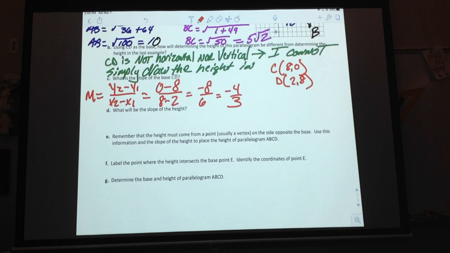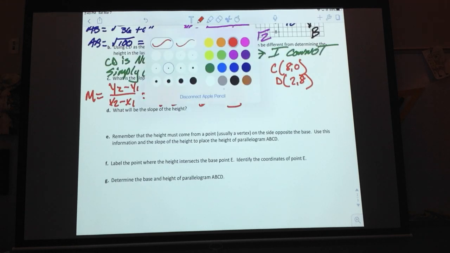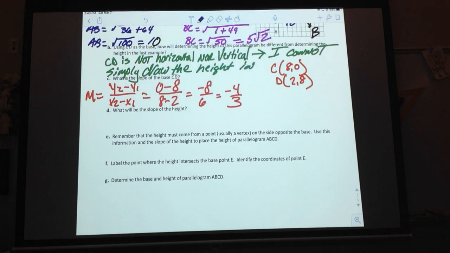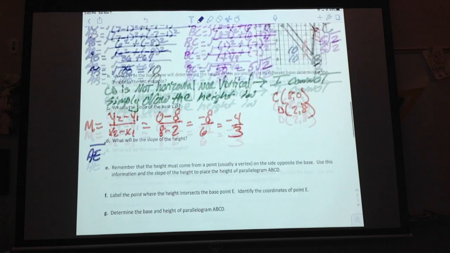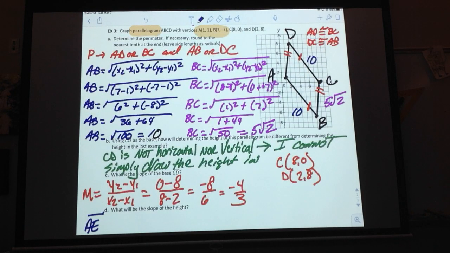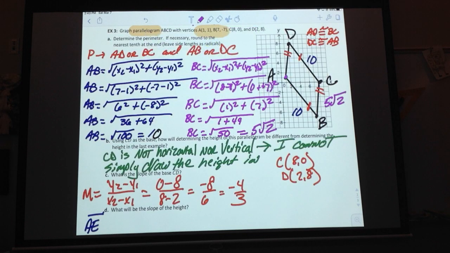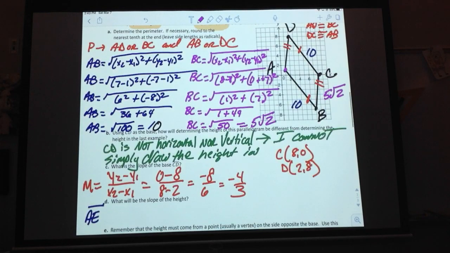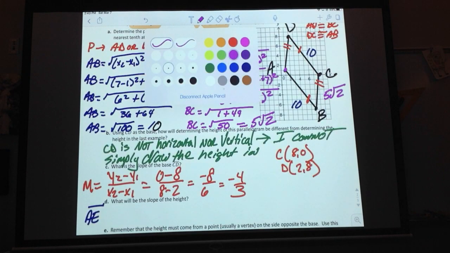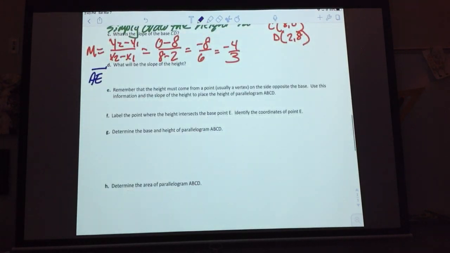So what is going to be the slope of the line of the height? Well, I'm going to call the height AE because I'm going to come out of vertex A. I'm coming out of this one right here. I'm coming out of A and I'm going to DC. Now, when I do that, I've got to find the slope of AE in order to draw it in.